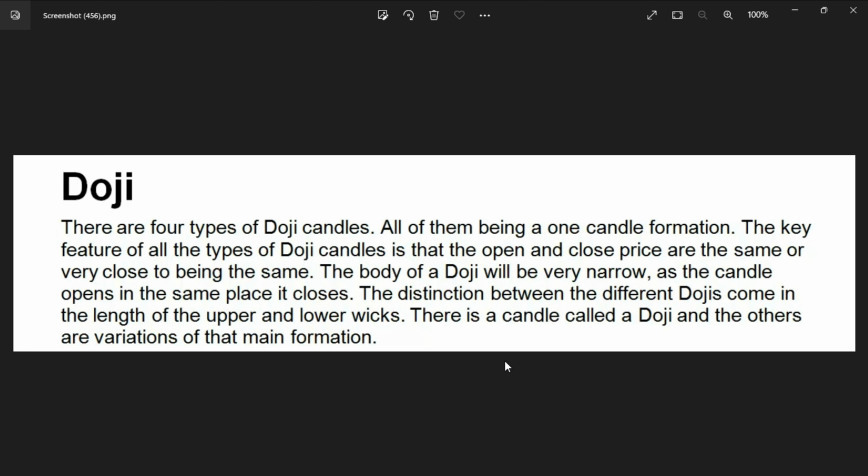The second type of doji candle we have is the long-legged doji candle. The open and the close are at the same price, but the upper and the lower wicks are very long. Most of the time we see this kind of candlestick in a chart. This is a period of indecision, so we call it an indecision candle.